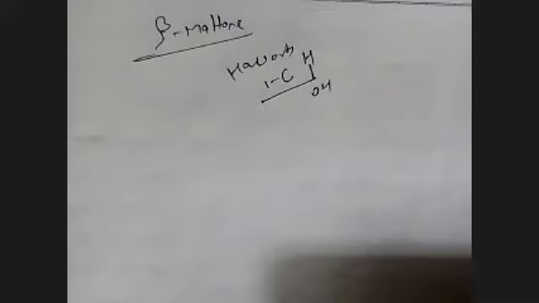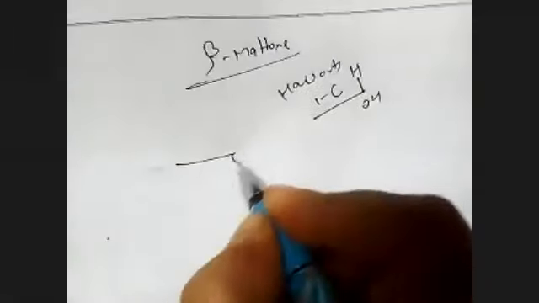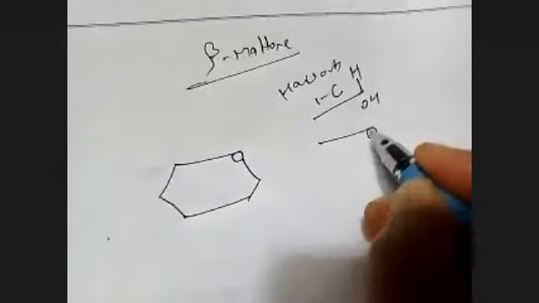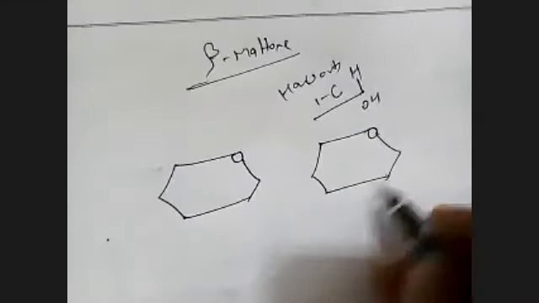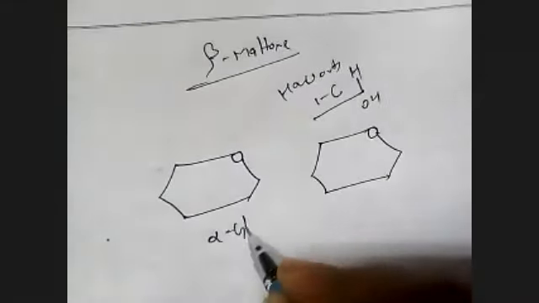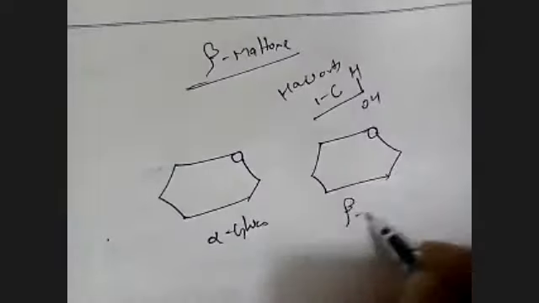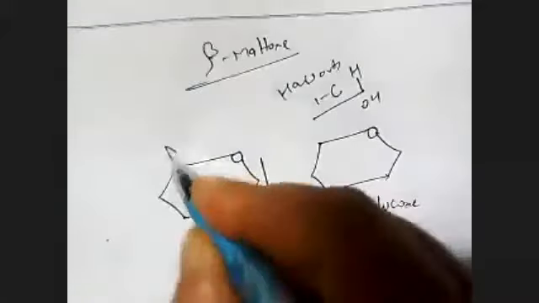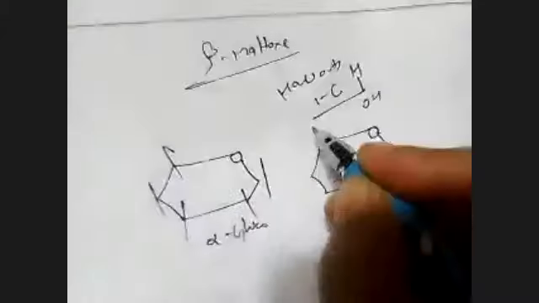Can you write the beta maltose? In beta maltose, one is alpha glucose and the second one is beta glucose. So this is alpha glucose and this one is beta glucose. So write it fast.